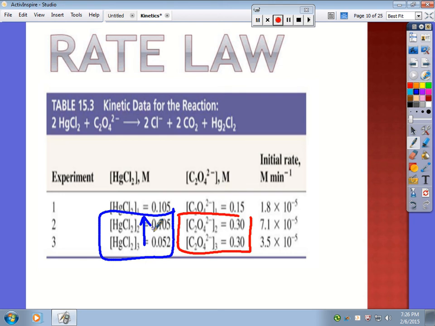I take 0.052 and double it to 0.105. The rate doubles. So when the concentration of this ion is kept the same and the concentration of this reactant is doubled, the rate doubles. Therefore, I can tell you that this is a first order reaction, because whatever I do to this, the same exact thing happened to the rate. Now, you'd have to say every single one of those words to get your word description correct.